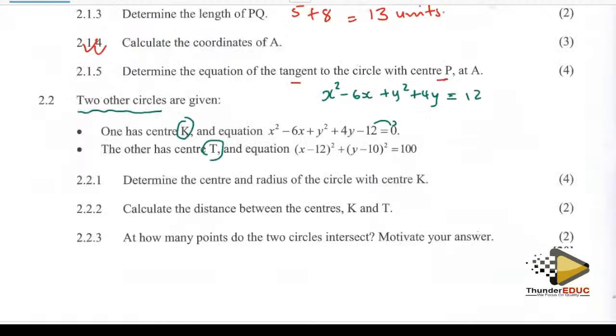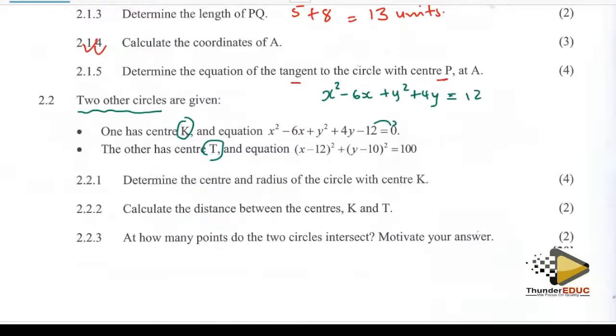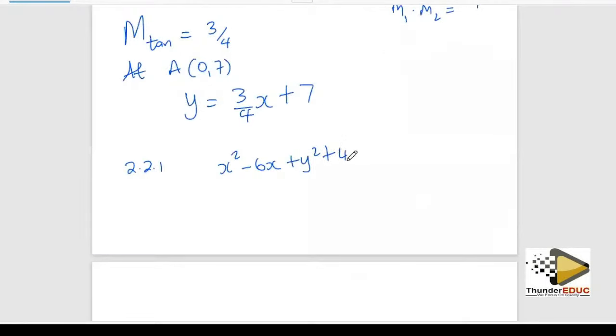This is 2.2.1. We said x squared minus 6x plus y squared plus 4y is equal to 12. Okay, guys, so we're going to open two brackets.